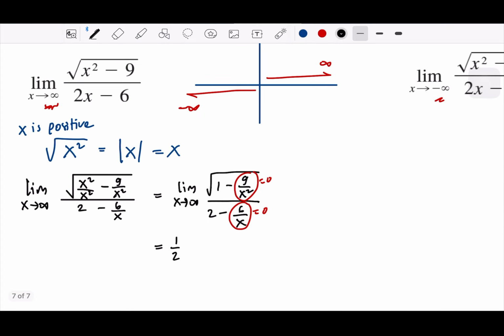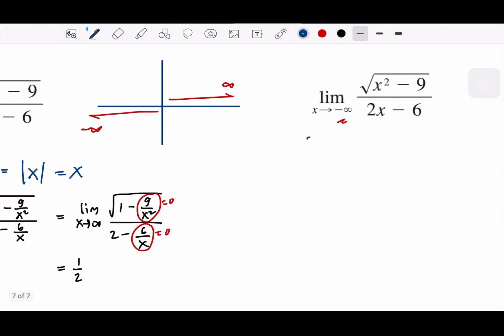But when we have the negative one, so x is negative, the square root of x squared will be negative x, okay?